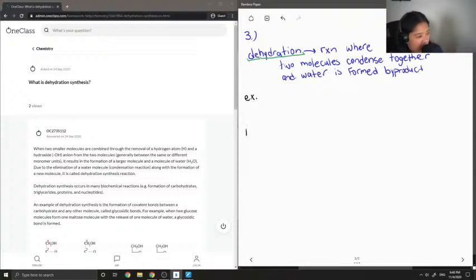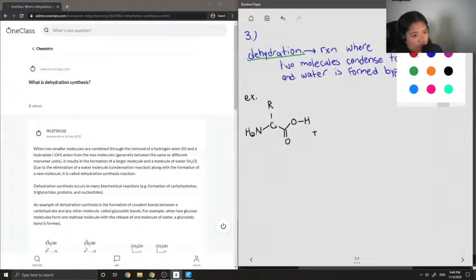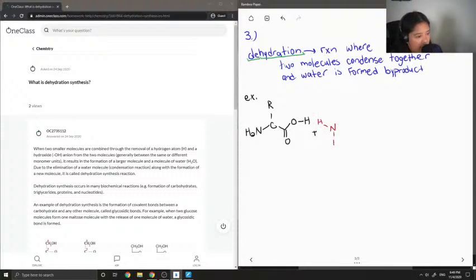So for this example, I'll draw out one of the amino acids. I'm going to put just an R to show that it can be any side group. And then I'm going to draw just a second amino acid beside it with a different R group.